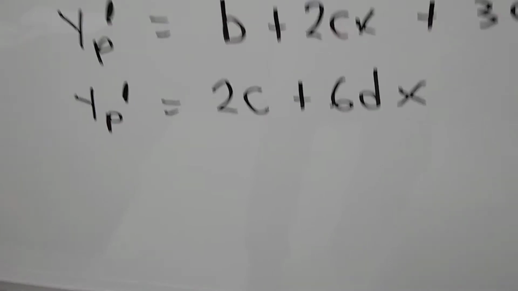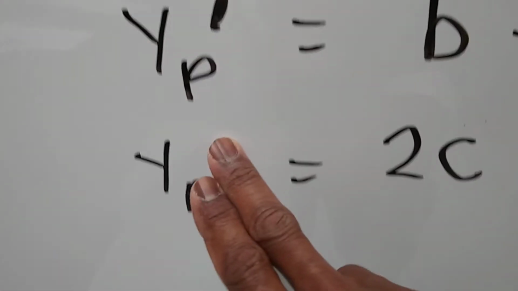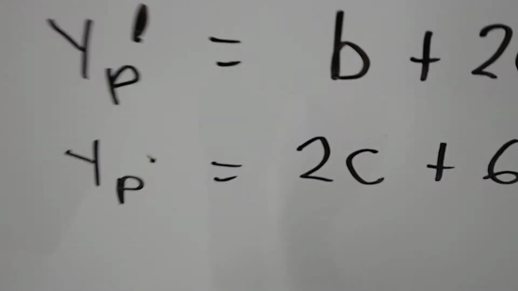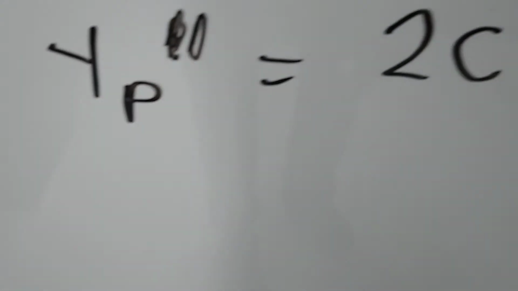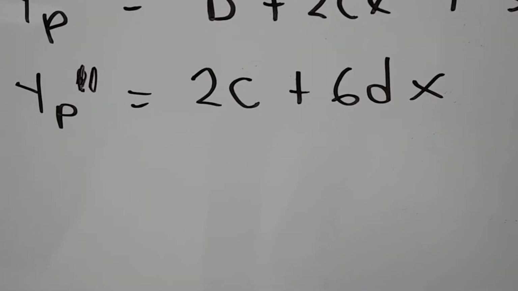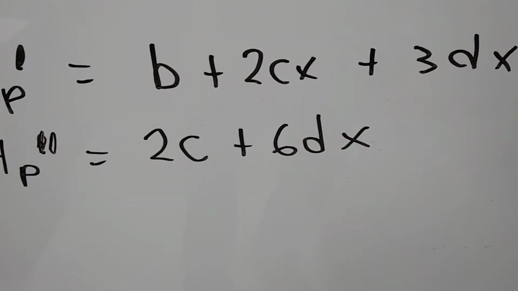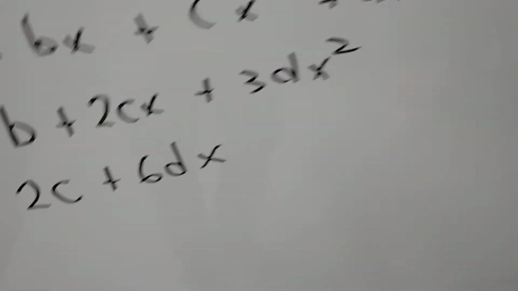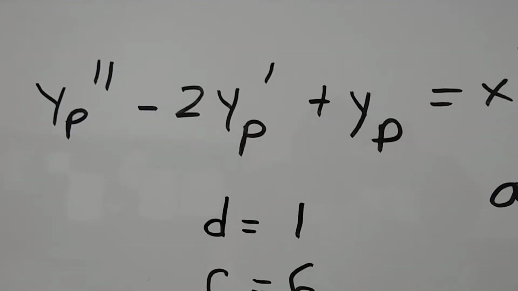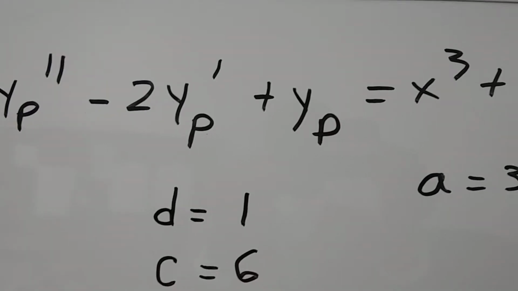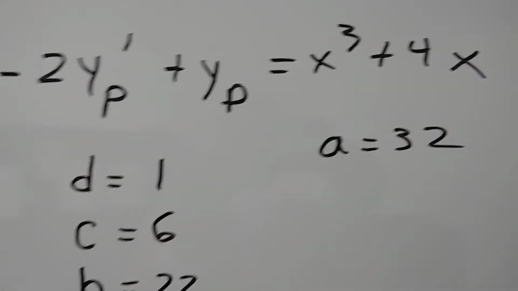And my y sub p double prime has to be 2c plus 6dx. So now I've got the differential equation y sub p double prime minus 2 y sub p prime plus y sub p is equal to x cubed plus 4x.